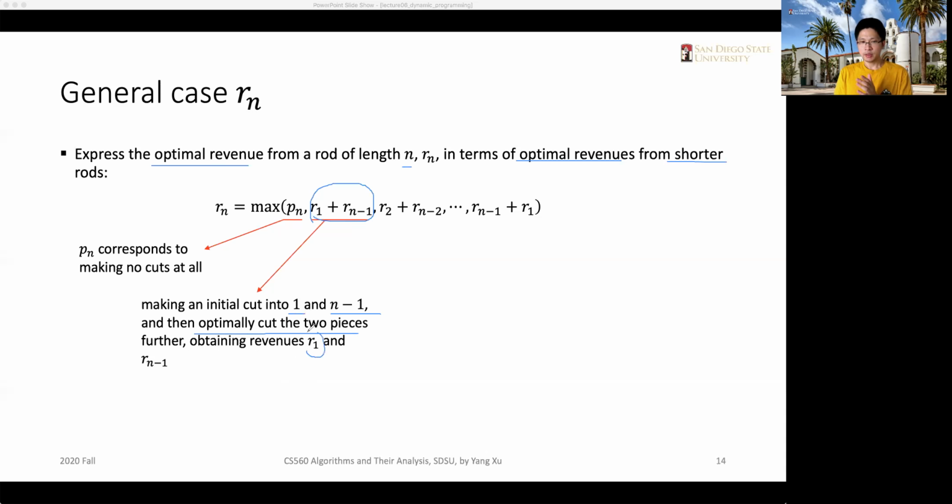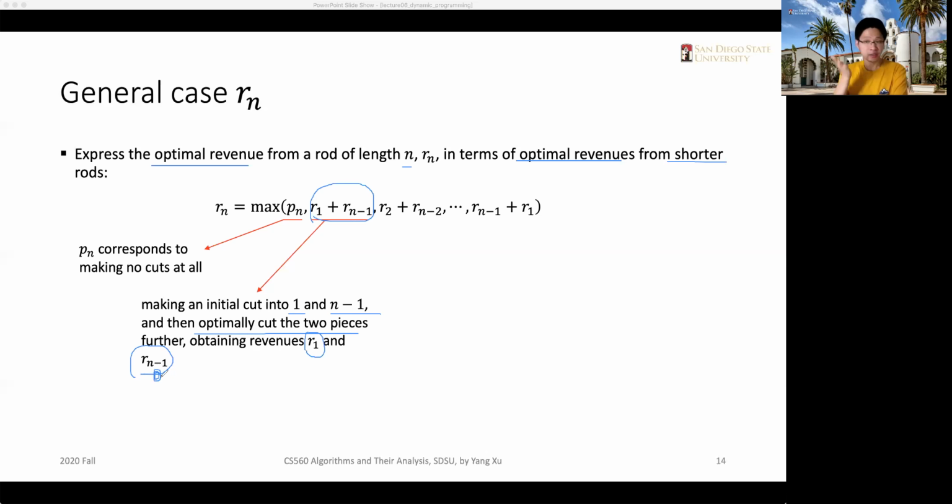R1 indicates the optimal solution to cut the rod of length 1, and Rn minus 1 refers to the optimal solution to cut the rod of length n minus 1. That is something we defined.